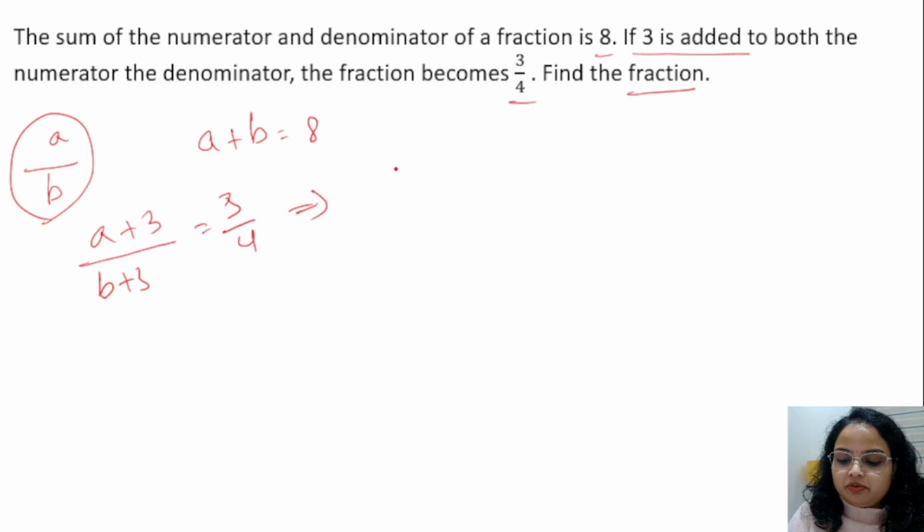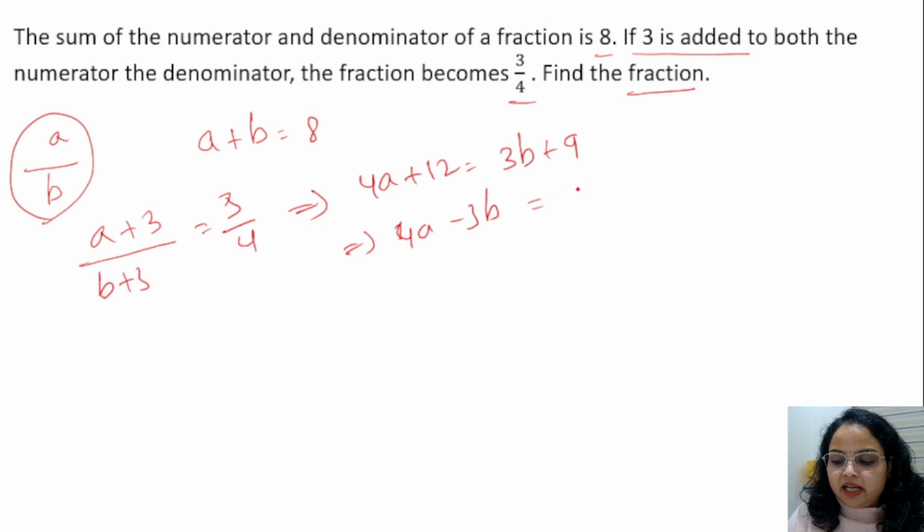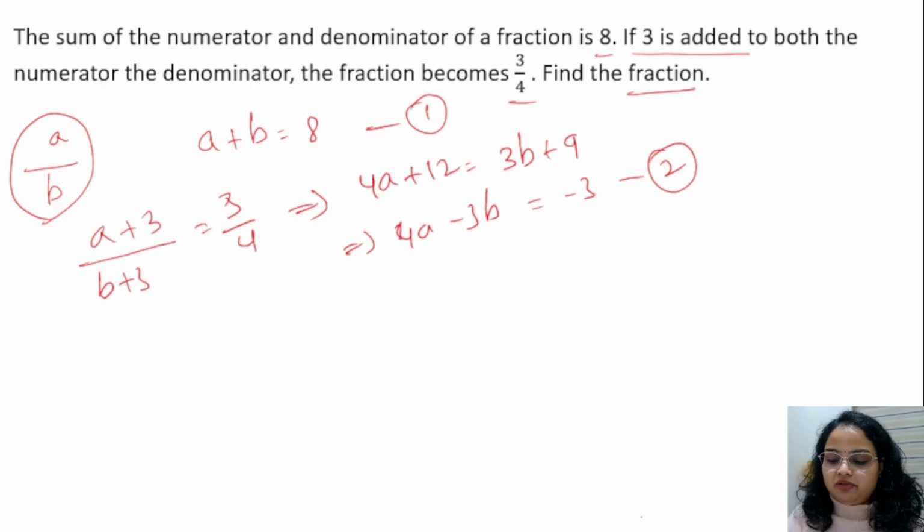So here we will cross multiply. It is 4a plus 12 is equal to 3b plus 9. So 4a minus 3b is equal to 9 minus 12, which is minus 3. Here we have two equations, the first and second. We have to find the a and b values. We will use either the substitution method or the elimination method.